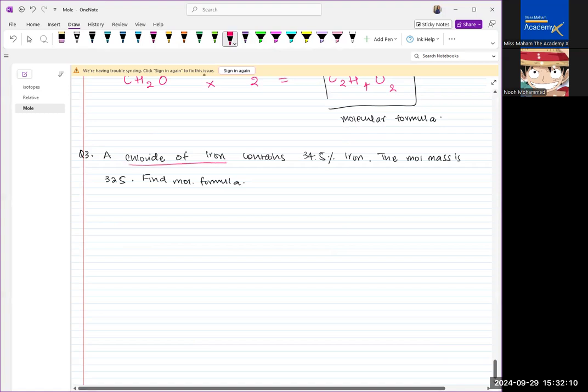This is a chloride of iron. So a chloride of iron is FeCl, right? Now this can be Fe2+, Fe3+, whatever. So I just assume it to be FeCl2. So this means that this compound has iron and chlorine. So Fe and Cl, they've told you the percentage of iron, 34.5. So chlorine's percentage will be the rest, 100 minus 34.5. Exactly. So this is how you're going to move forward with the question. Okay? Now you may continue.